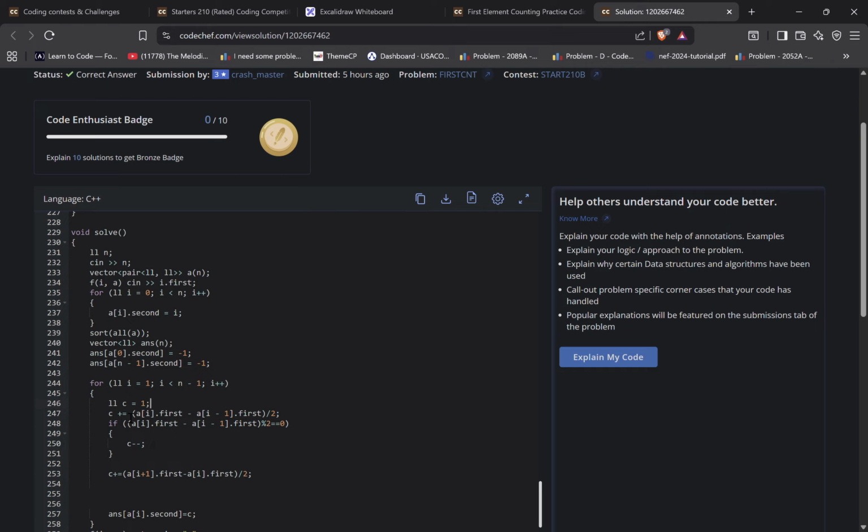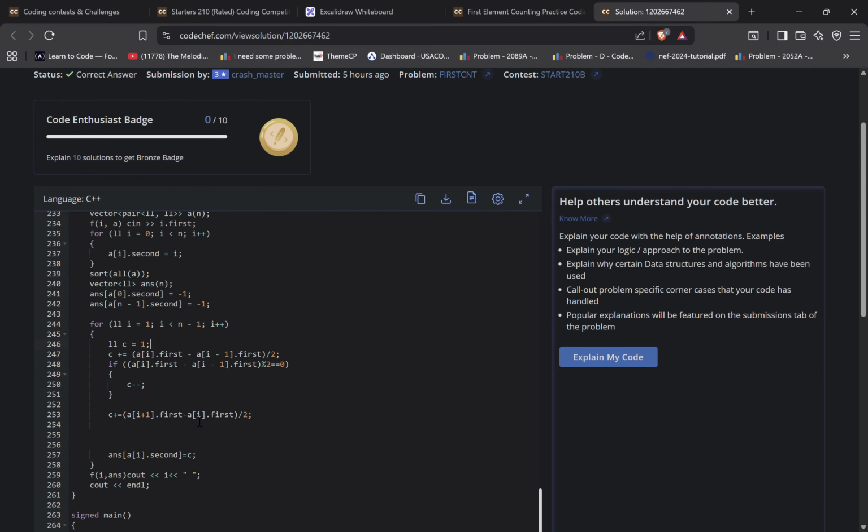Basically, what I did here was check if this part is greater than this part. Mainly, I have to add this part to my counter variable because this will be the total number of indices which are closer to one of them.